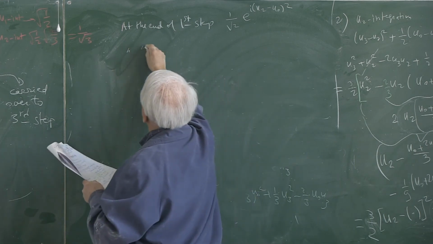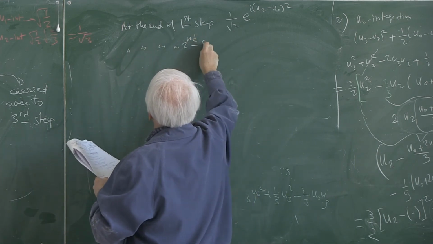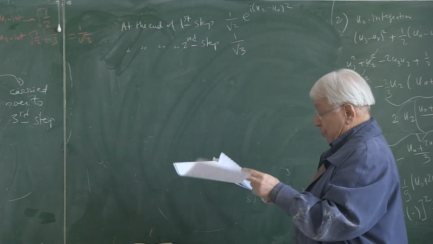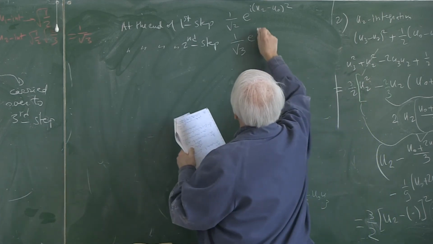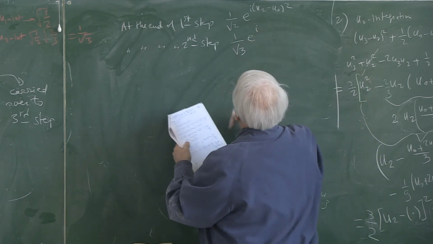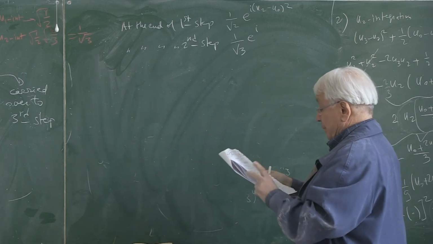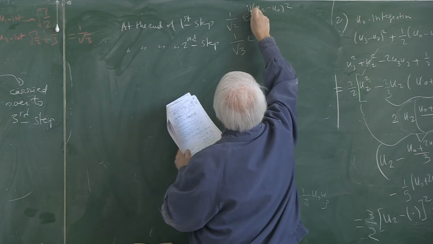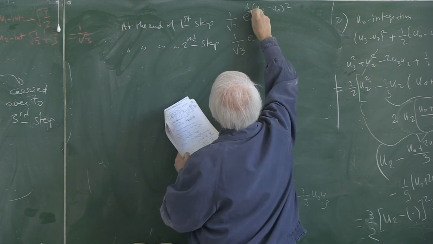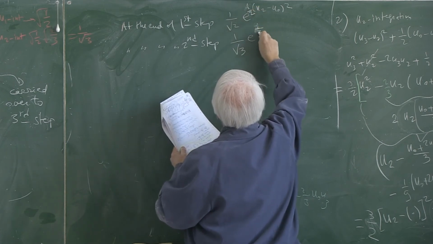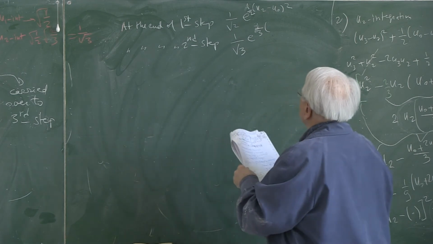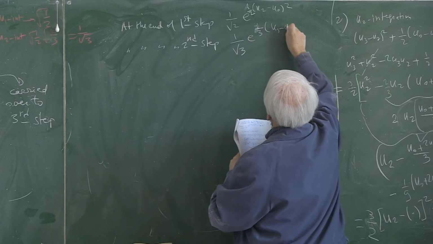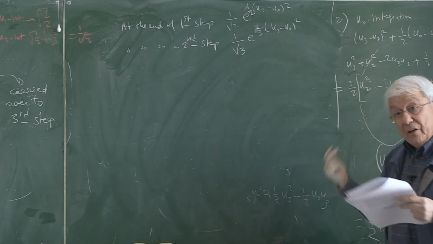At the end of the second step, I had 1 over square root of 3, and left over e to the i times 1 over 3, (u3 minus u0) squared, and everything else, whatever is left over.